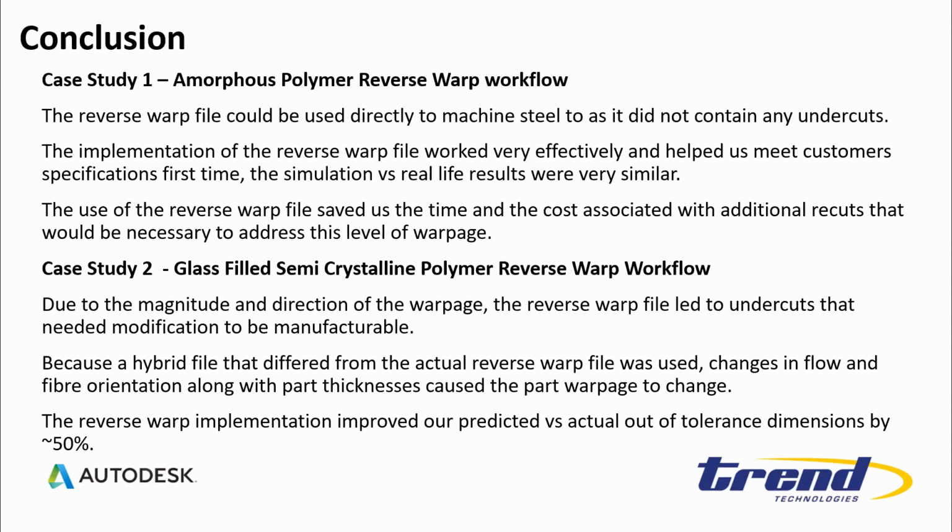And this was caused by changes in the fibre orientation and part thicknesses, which I covered on the slides previous. But again, it led to a slight change in our warpage. The reverse warp implementation improved our predicted versus actual out of tolerance dimensions by still around 50%. So quite a successful result. But again, you can see there's a lot more challenges when you use a semi-crystalline glass fill polymer versus maybe a standard PCABS amorphous polymer.